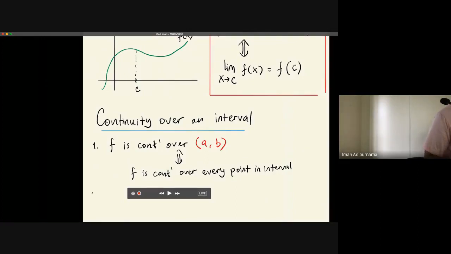The second case is f is continuous over a closed interval.